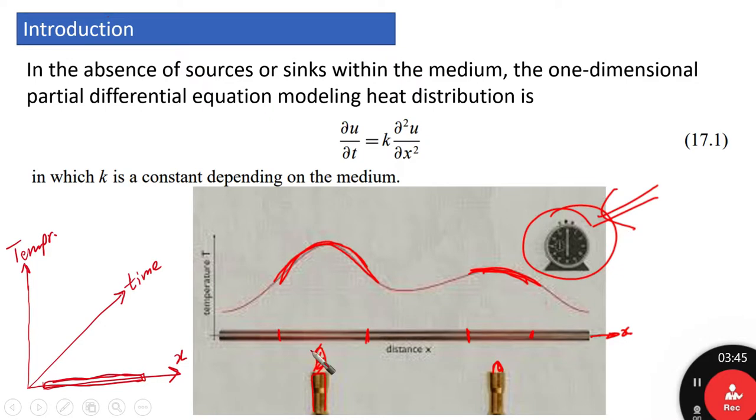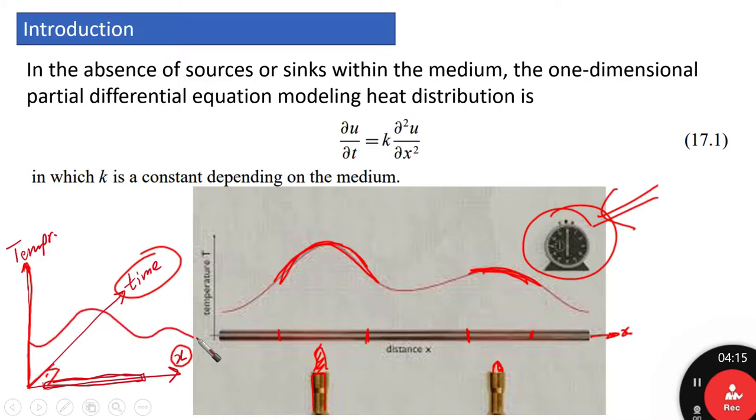This is why we need to think about the bar as if it is laid here on the x-axis, with a perpendicular axis which is the time axis, and the vertical axis is going to be the temperature, so that we can say that at one particular time, at time equal to 0, the distribution was something like this.